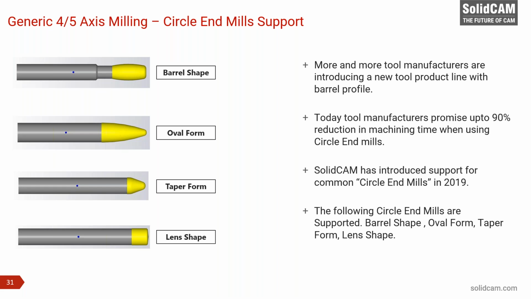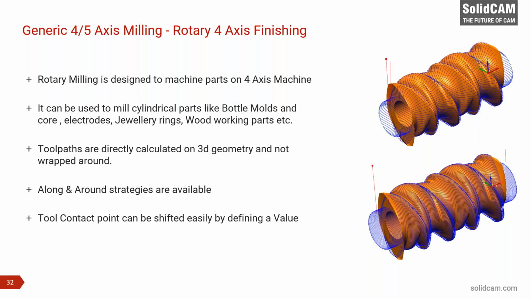Apart from the generic 5-axis machining in SolidCAM, we have some very interesting strategies that form part of our generic bundle. One of them is the rotary 4-axis finishing. Rotary 4-axis finishing is a very powerful module.